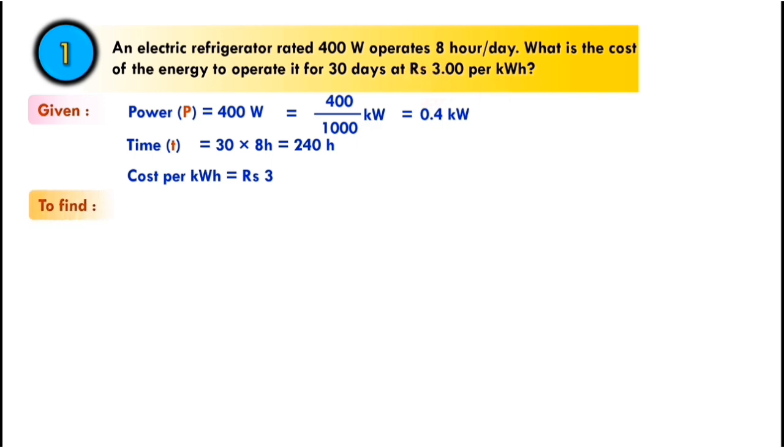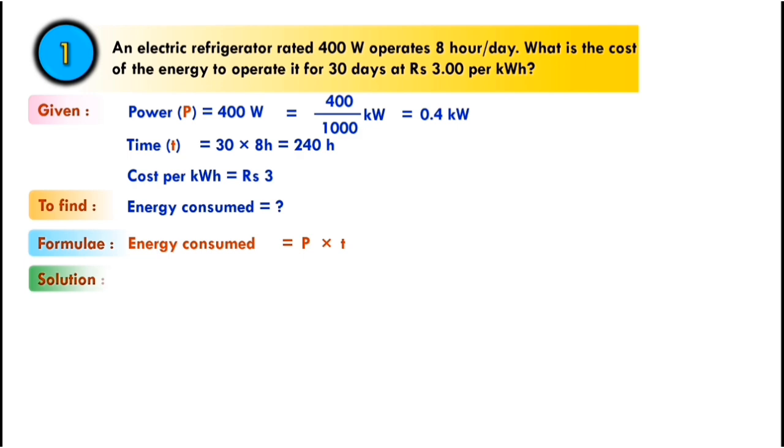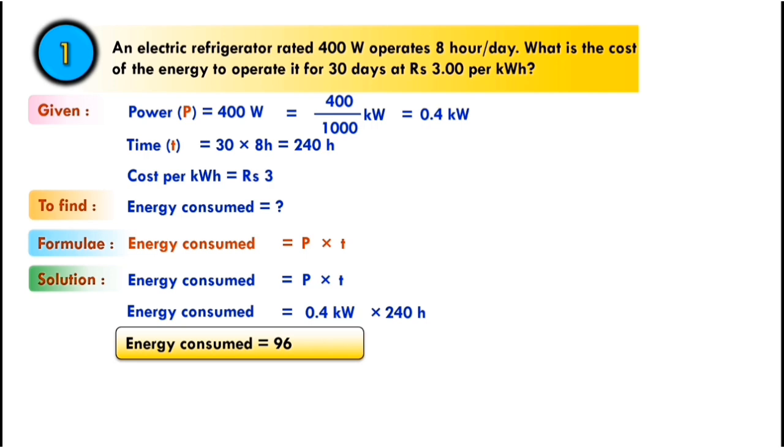Okay, so we have to find the energy consumed. So from here we can use the formula, that is energy consumed equal to P into T, right? So by putting the value of P into T we will get energy consumed equal to 0.4 kilowatt into 240 hour. So energy consumed is 96 and the unit is kilowatt hour.